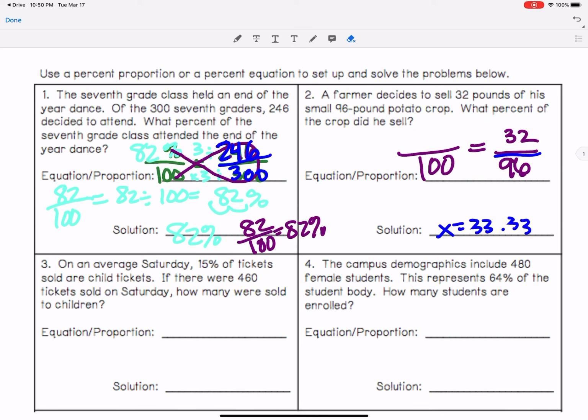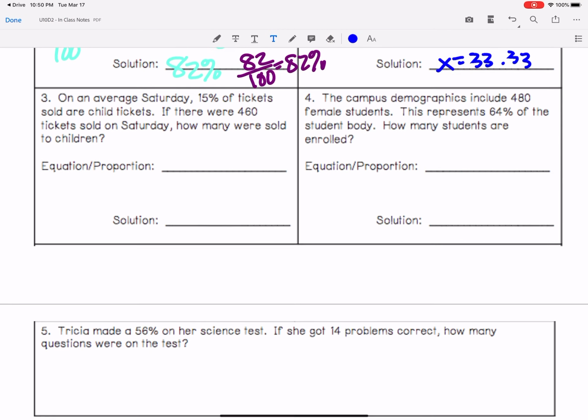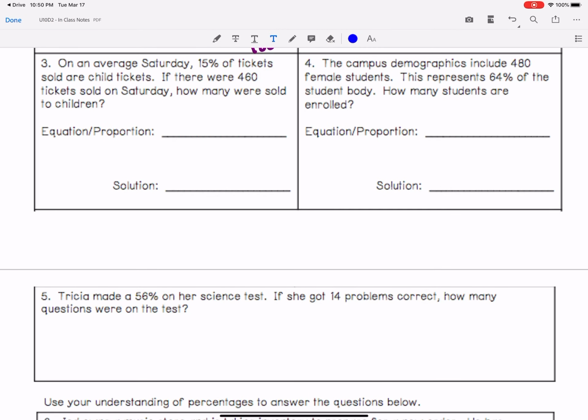Let's go ahead and try the next problem. Number 3: on an average Saturday, 15% of tickets sold are child tickets. If there were 460 tickets sold on Saturday, how many were sold to children? So now we're working backwards, which is kind of cool.